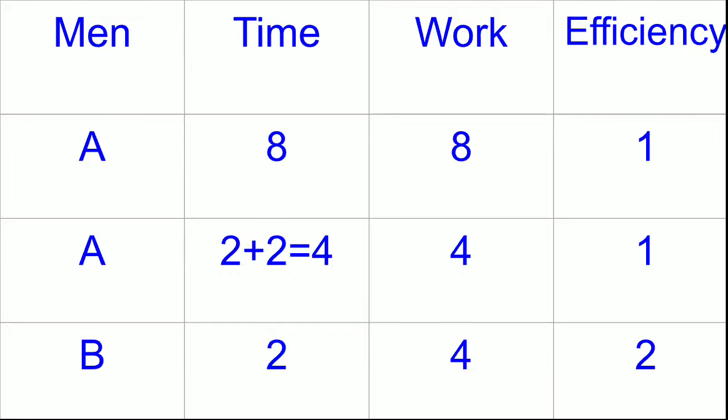Again I have shown it here in this tabular format. The workers are A and B only, but initially A could do the work in 8 days, so his efficiency was 1 unit per day.